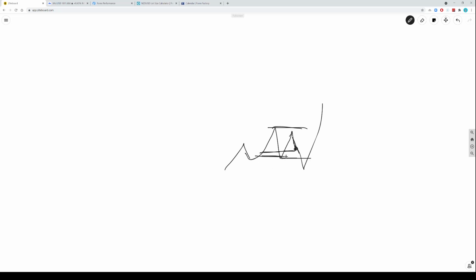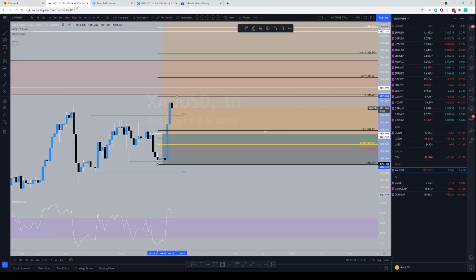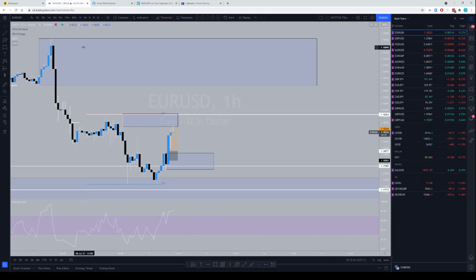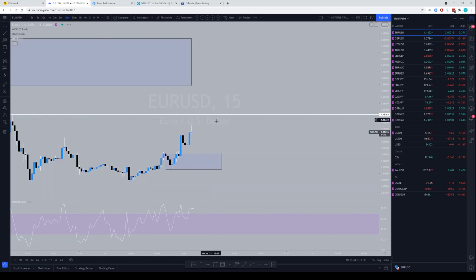This one is fine because it does take out this high, so you can buy here. But if it fails to make a new high, then don't use this as optimal trade entry for a buy, because chances are they're gonna attack that low and then go up. And that is the sometimes, okay, that's roughly what this one did here.